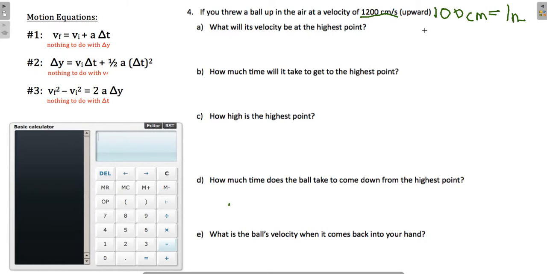So to convert that to meters per second, we take 1200 and simply divide it by 100. That's basically moving the decimal place 2 to the left, so that gives us an answer of 12 meters per second.